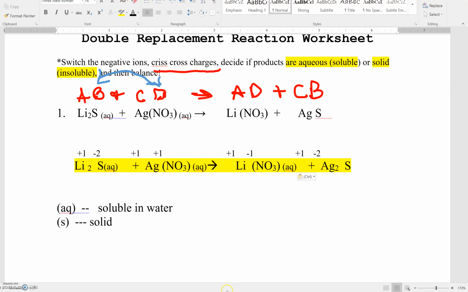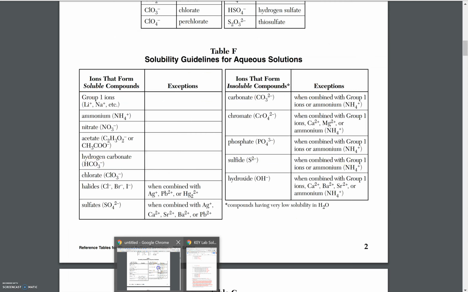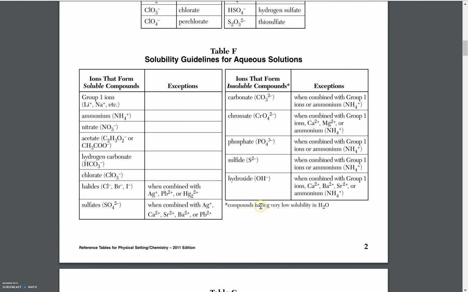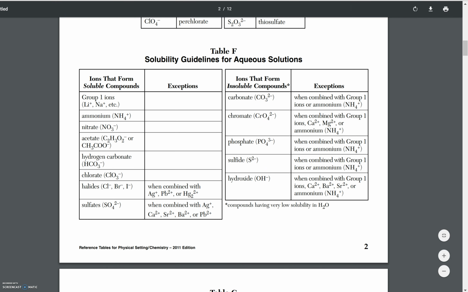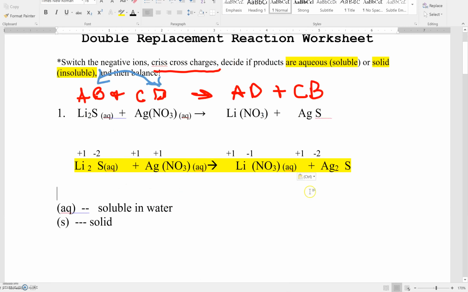Silver sulfide, is that going to be soluble in water? Well, here's sulfides. Okay, so sulfides are insoluble unless combined with group 1 or ammonium. And silver is neither ammonium or group 1, so this is not soluble in water, and I'll put parentheses S next to it, and that means not soluble in water.